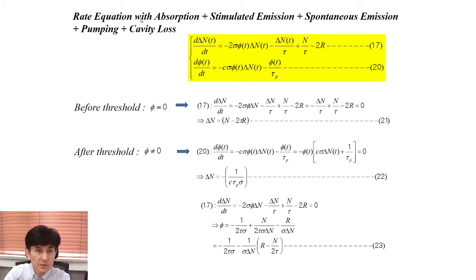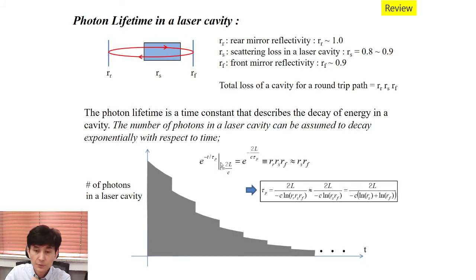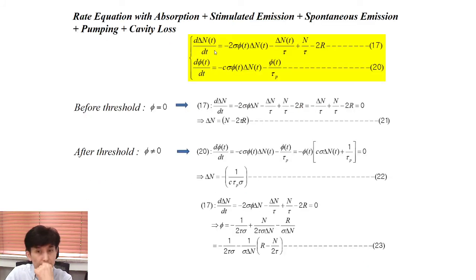Let's consider radiation with absorption, stimulated emission, spontaneous emission, pumping plus cavity loss. Cavity loss is included by using this photon lifetime, and the rest of the equations are all the same. Equation 17 stays, and equation 19 is modified to 20. d phi over dt is equal to minus c sigma phi times delta n, and this is the extra term, minus phi over tau p.